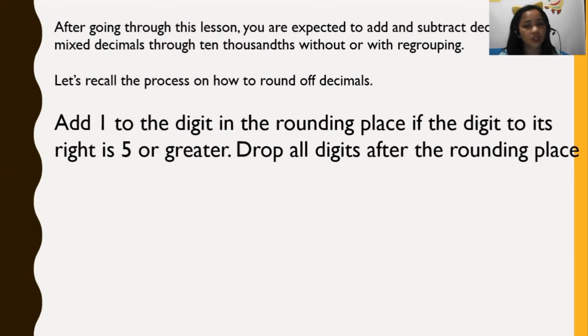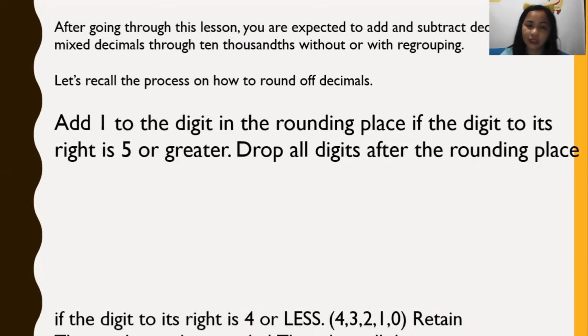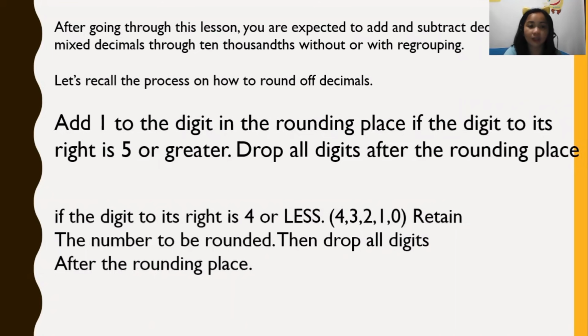Then drop all digits after the rounding place. And if the digit to the right is 4 or less than 4, retain the number to be rounded, then drop all digits after the rounding place.